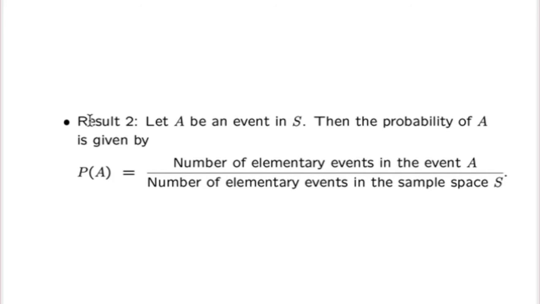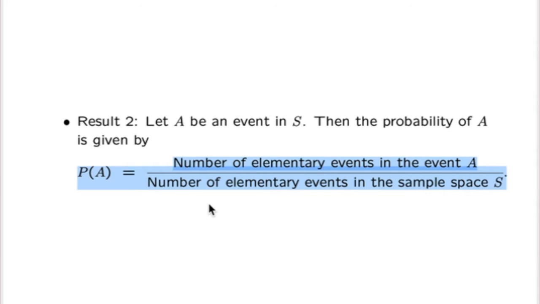Now the second result is also going to be familiar to you because this is how you would have calculated probabilities in more elementary classes. So let A be an event in S. So A is a subset of S, right? It's an event associated with the experiment. The probability of A, which again is denoted by P of A, is given by this ratio.